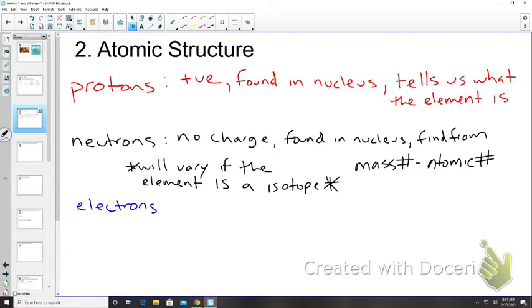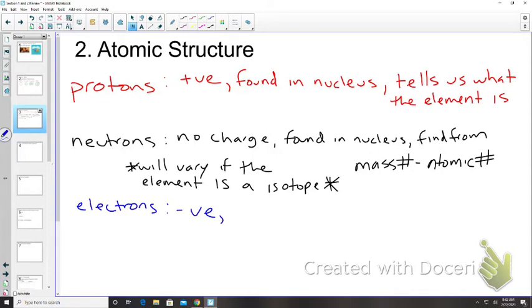And lastly, electrons. What do we know about electrons? Negatively charged. Good. Where are these going to be found? In energy levels around the nucleus.